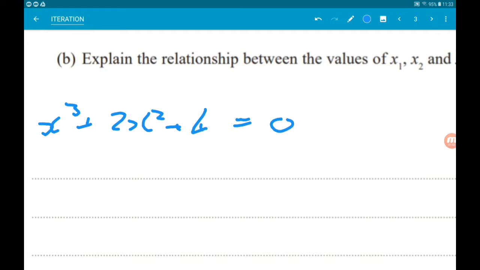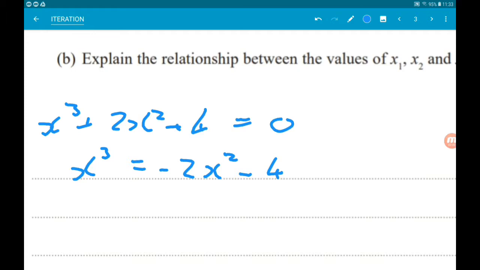So x cubed is equal to minus 2x squared minus 4. So that's starting to look familiar because we have a minus 2 and a minus 4.